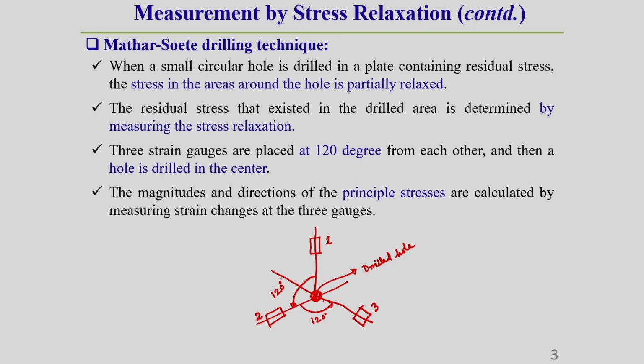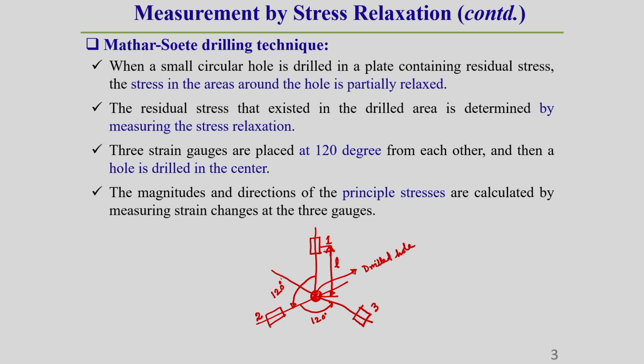Once we make this hole inside the strain gauges, the length from the drill hole center to the strain gauge location, this distance, you can write as d. So, the length between the drill center and the strain gauge location is this distance. Here we know these three strain gauge locations.